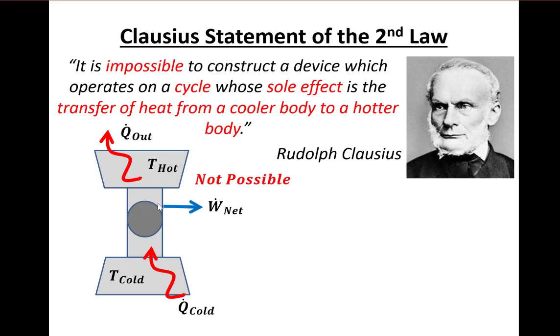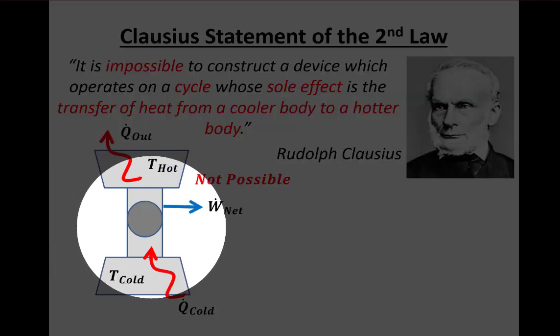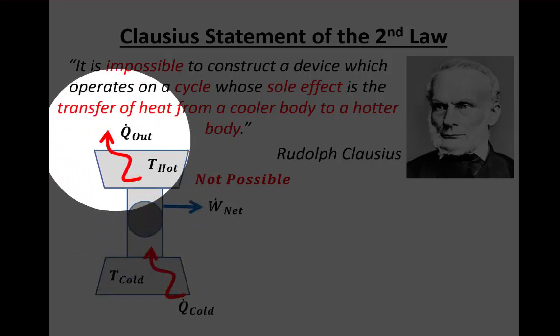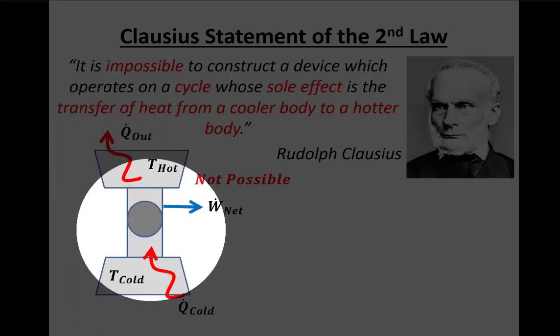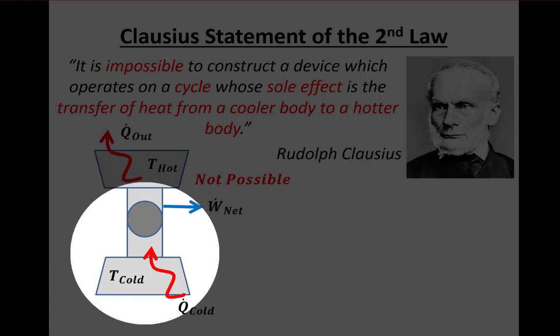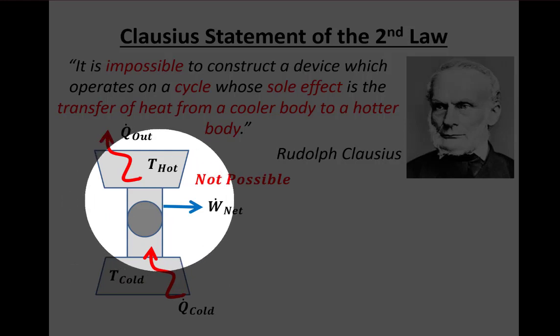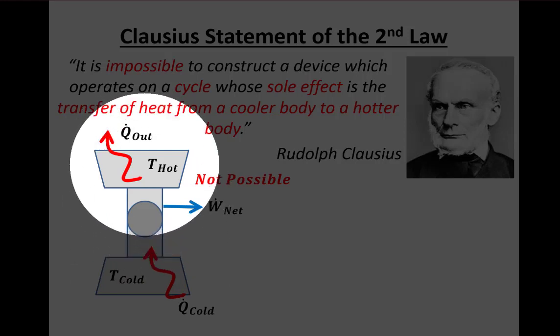And that's true even in this device. Even though it looks like we're transferring heat from a cold place to a hot place, we do that by making a machine where half the machine is colder than the cold place, and the other half of the machine ends up being hotter than the hot place.